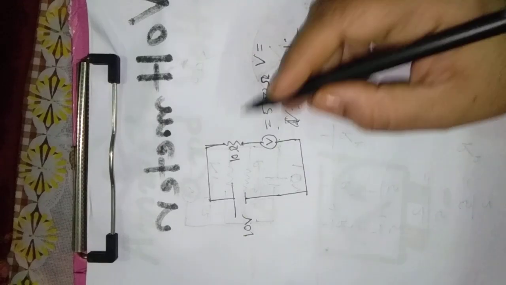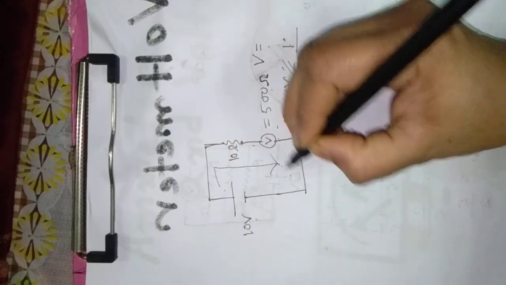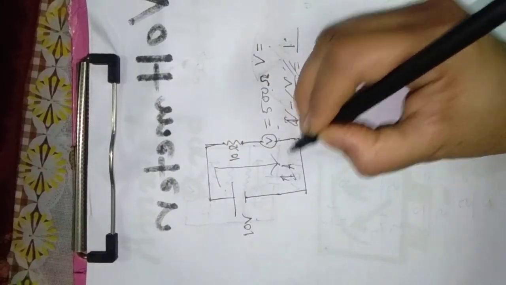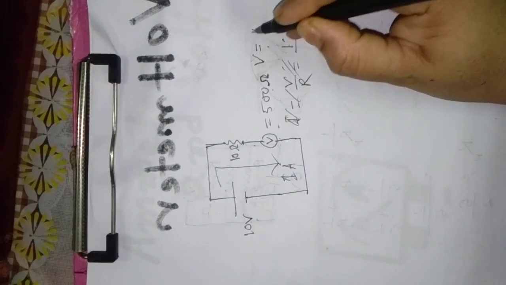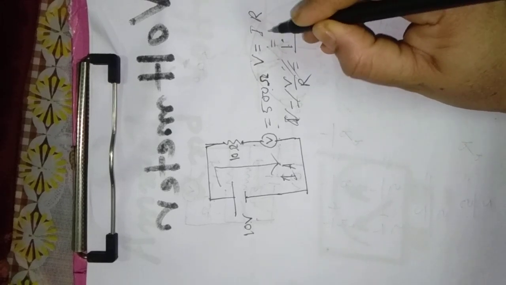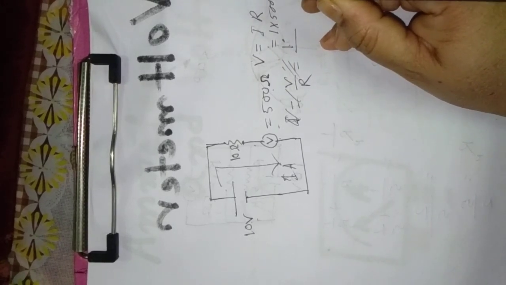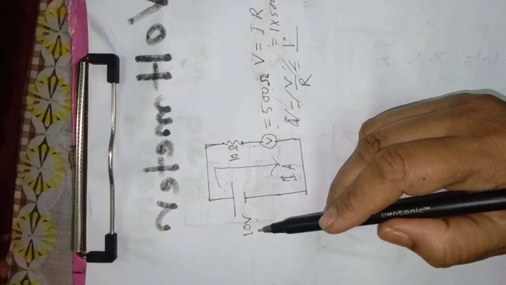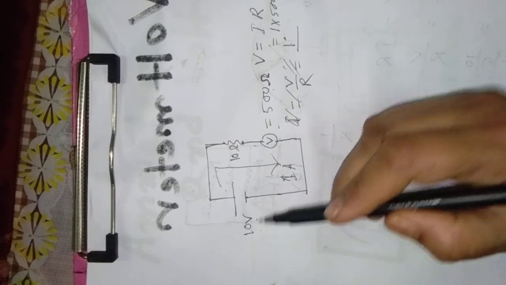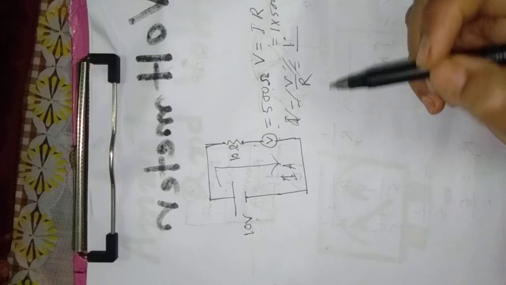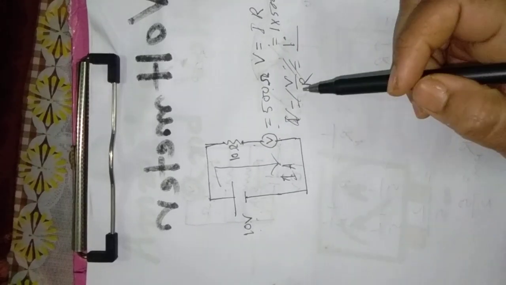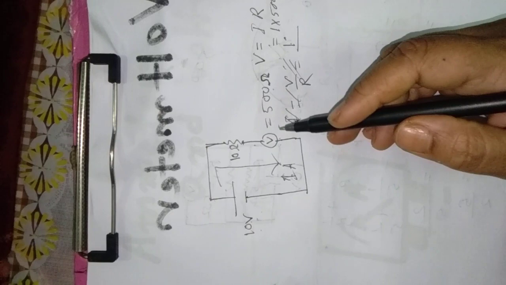According to V equal to IR, suppose the amount of current is 1 ampere, okay, then here the voltage will be V equal to IR, 1 into 500 equal to what? 500 volt. But here the supplied voltage is 10 volt. So what happened? Our purpose will not be served. So that's why a voltmeter is always connected in parallel connection, not in series connection.